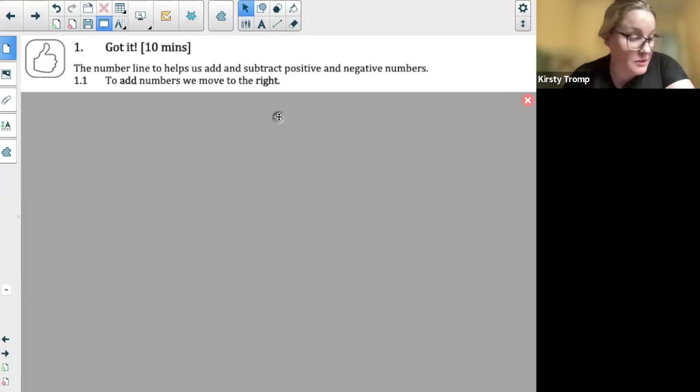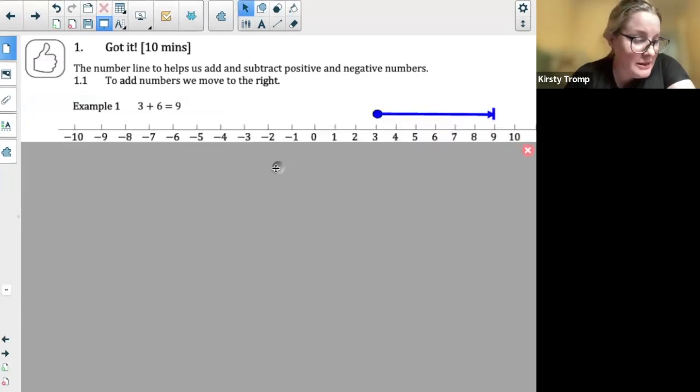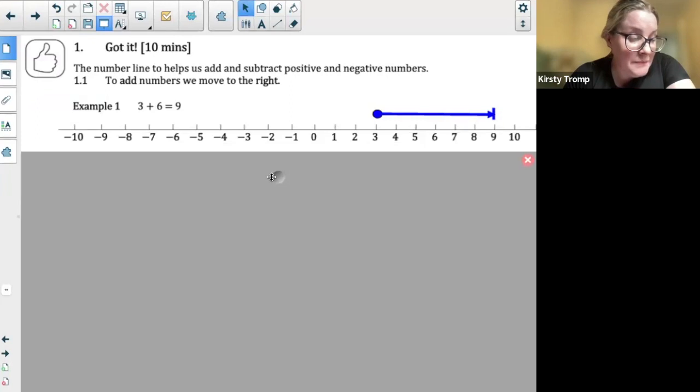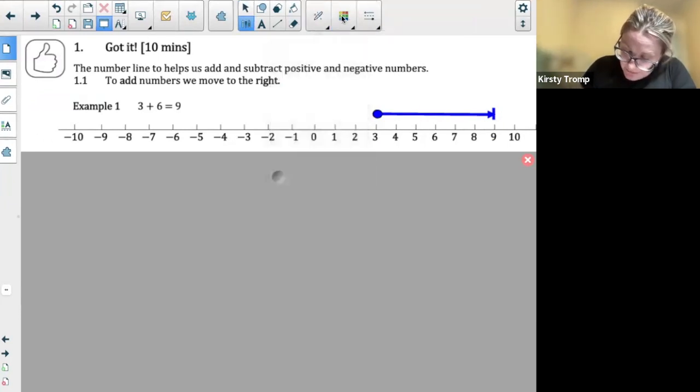For example, okay? We had 3 plus 6 equals 9. So we all know that 3 plus 6 equals 9. I get that. I know 3 plus 6 equals 9. But if we had to take it to a number line, all right, there's my number line. We drew our dot on the number 3, okay? And if I was teaching you last year, I would have said, draw your dot on the number 3, I'm going to go take my magic pen here, okay?